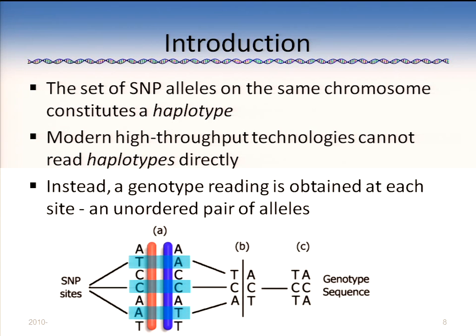These are a pair of chromosomes and their DNA sequences are listed. The two columns are the SNP sites. If we take the nucleotide values on these SNP sites, we cannot read the two haplotypes directly. For example, on the first site and the third site, we both get a combination of T and A, but we don't know whether it's TA or AT.